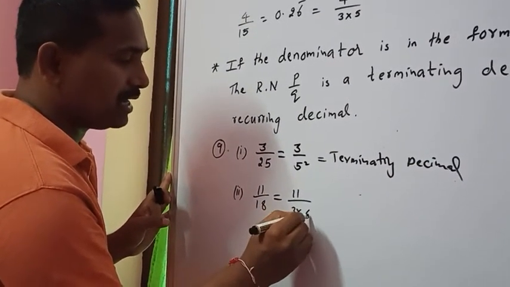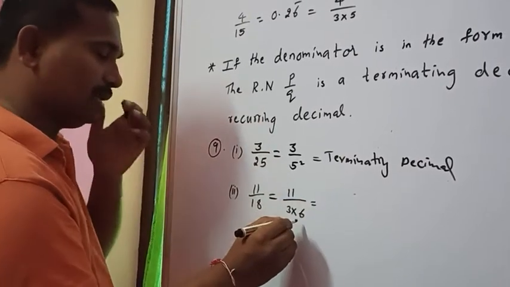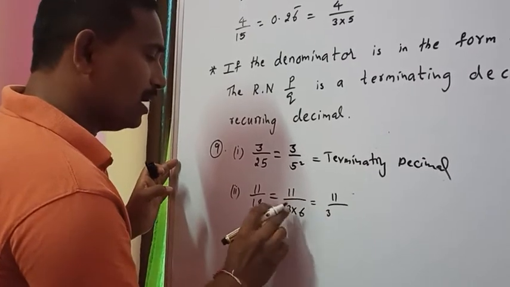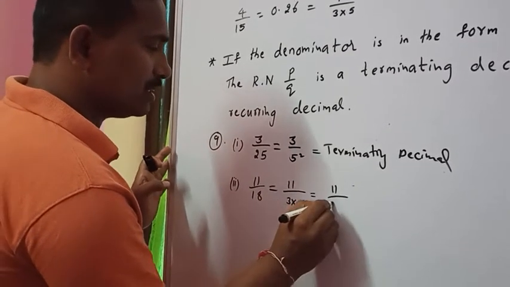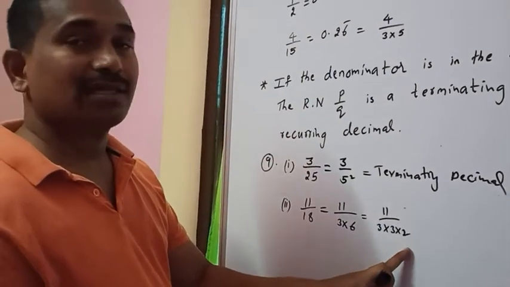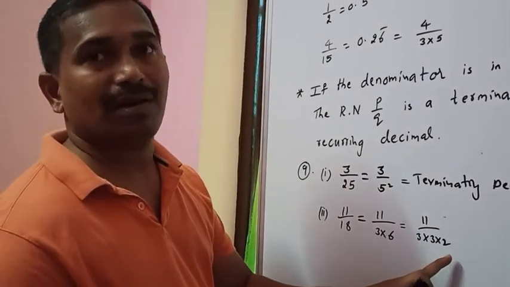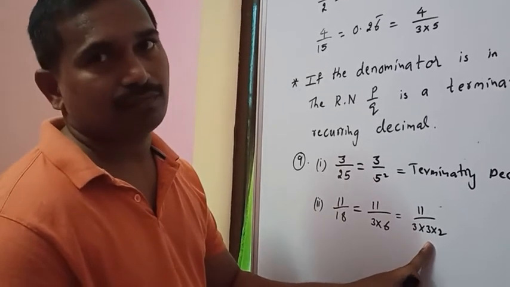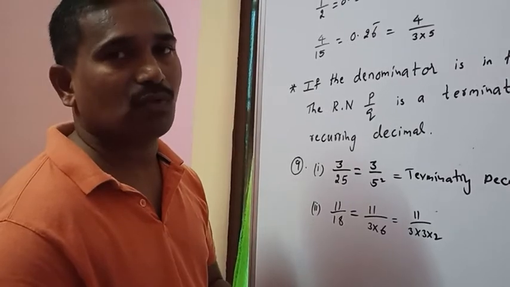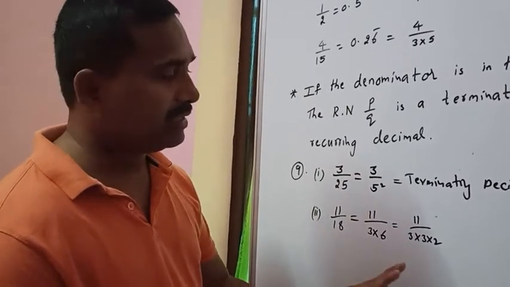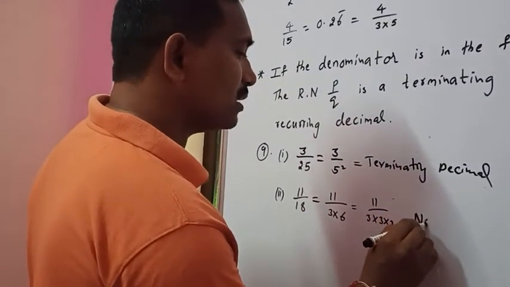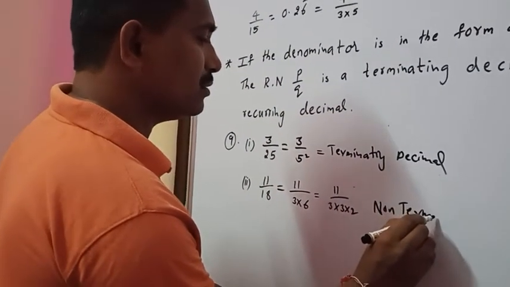That means 3 6s are 18, and 6 can be written as 3 2s, so 18 is 3 into 3 into 2. Here the denominator has factors other than 2 and 5. What is 3? If the denominator has any factor other than 2 and 5, then that is a non-terminating decimal. So it is a non-terminating decimal.